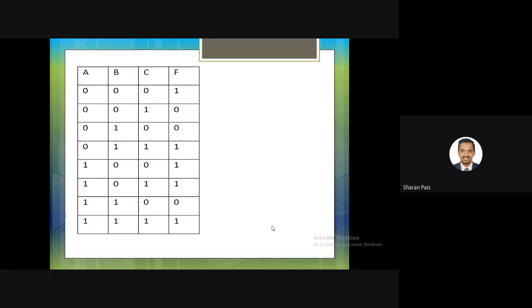Identify the fundamental products, write the SOP, sum of products equation, and draw the circuit diagram for the following truth table.